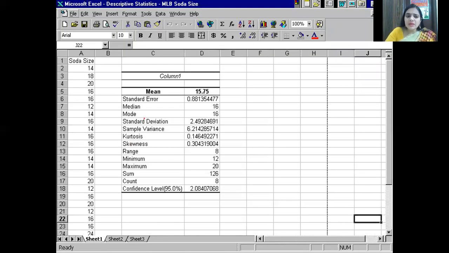This way you will get all the details related to one data set. With just a few entries you will get everything: standard error, median, mode, standard deviation, variance, kurtosis, skewness, range, minimum, maximum value, sum, count, and confidence level. Everything you will be able to get within just a few clicks.